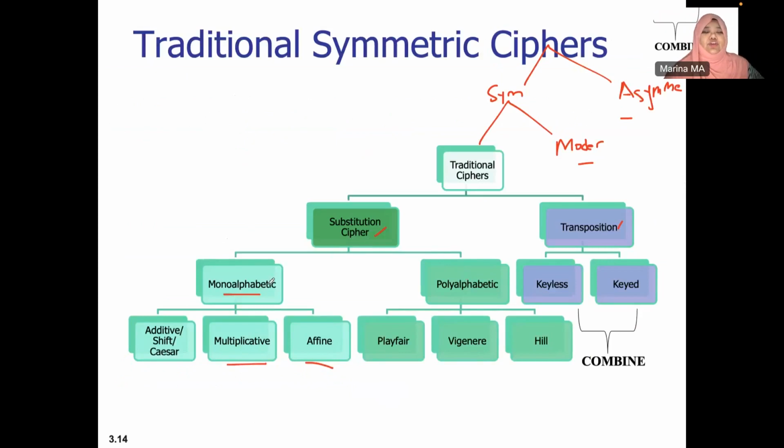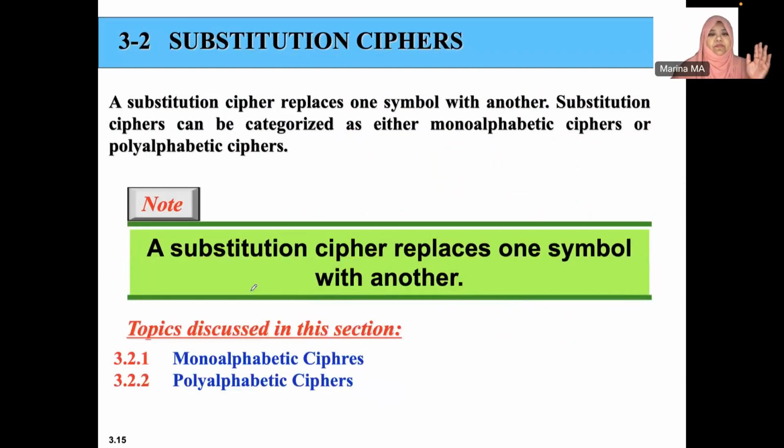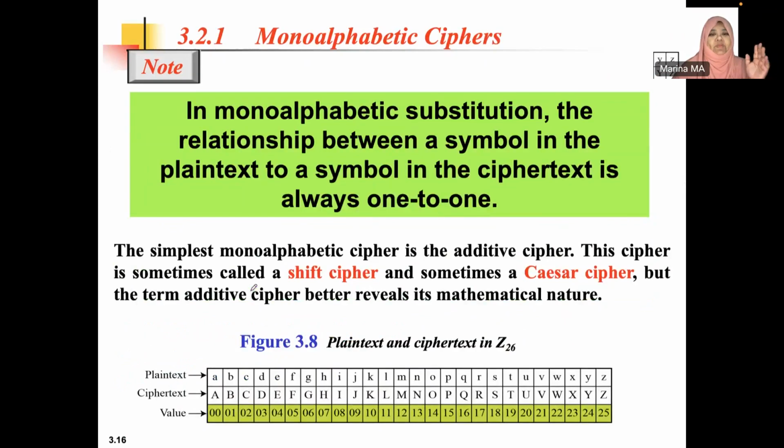You can replace one letter with one letter, or you replace more than one: 2 letters to 2 letters, 3 letters to 3 letters. That one we call polyalphabetic. But let's look at monoalphabetic first. The most famous one is Caesar cipher or shift cipher.